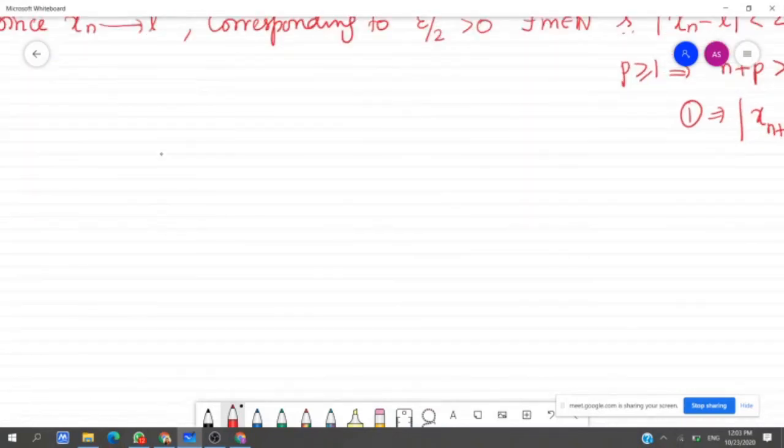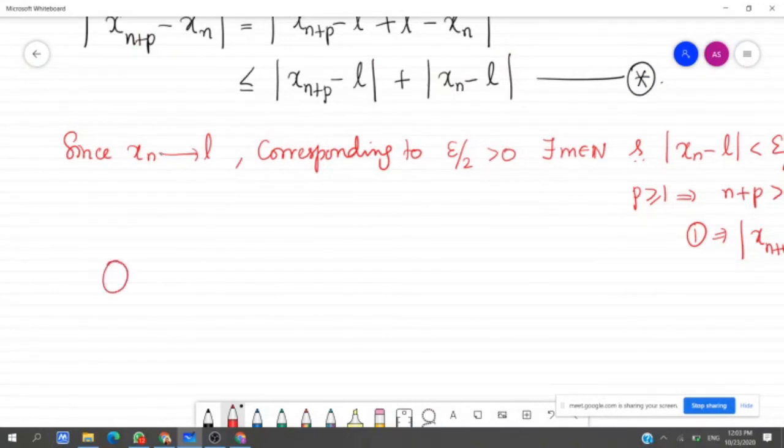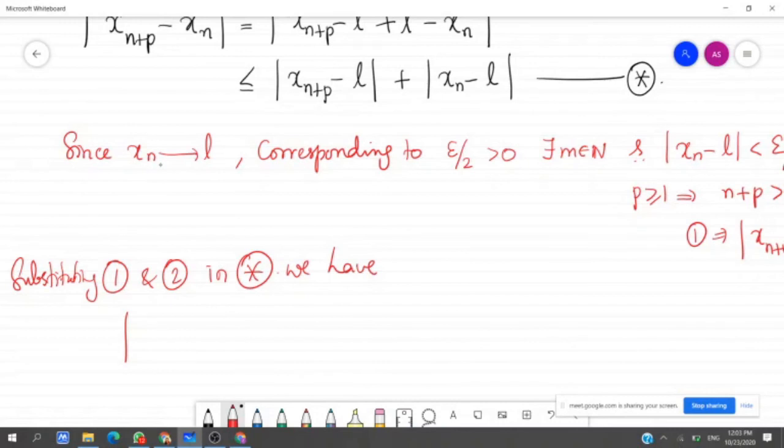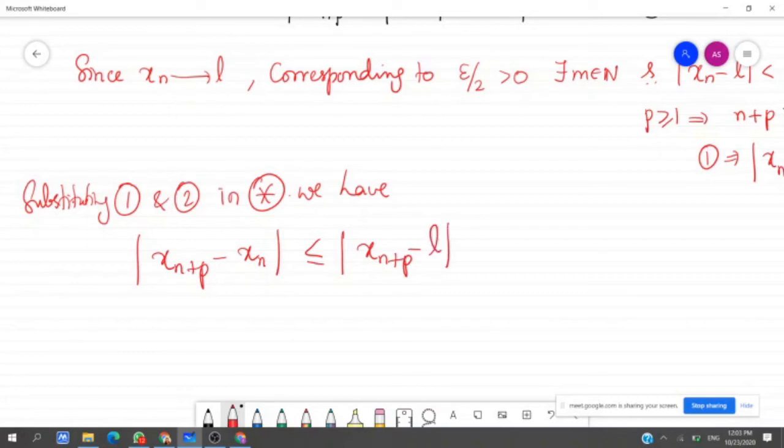Take this as condition 2. Then substituting conditions 1 and 2 in the inequality star, what is condition star? Modulus of xn plus p minus xn is less than or equal to modulus of xn plus p minus l plus modulus of xn minus l.